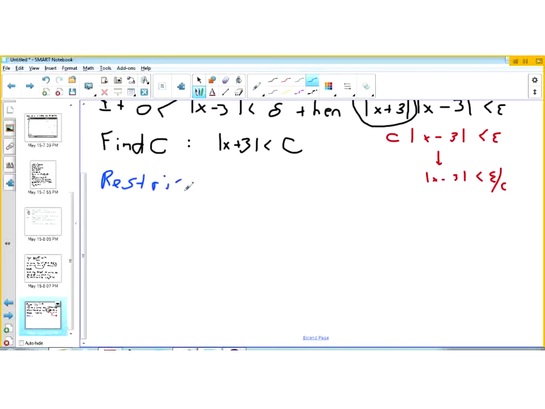Okay, so to find C, we have to do kind of a subproof now. Here's the procedure.